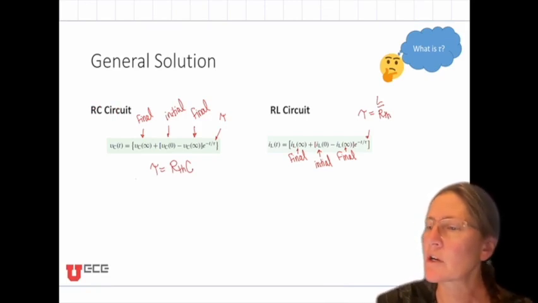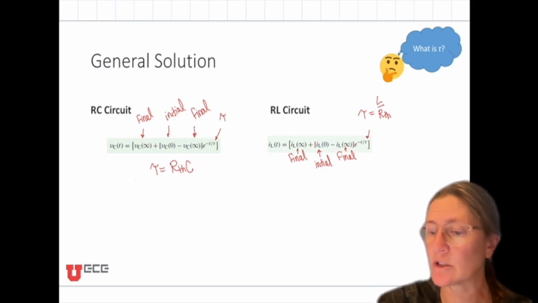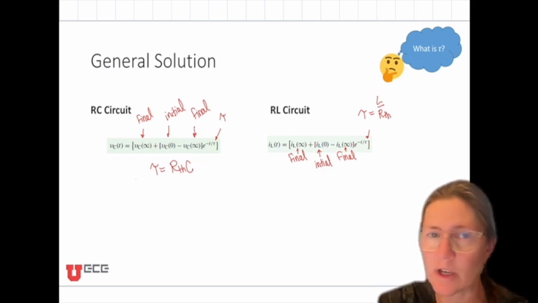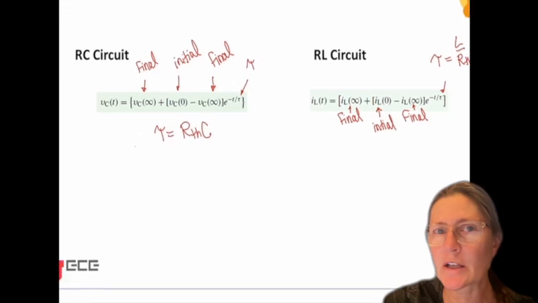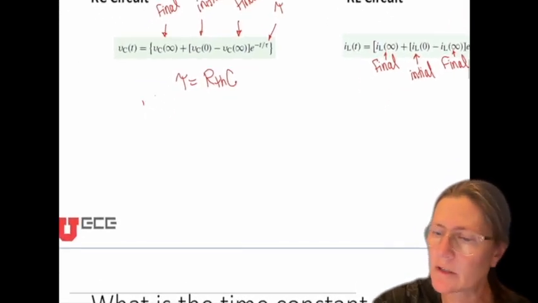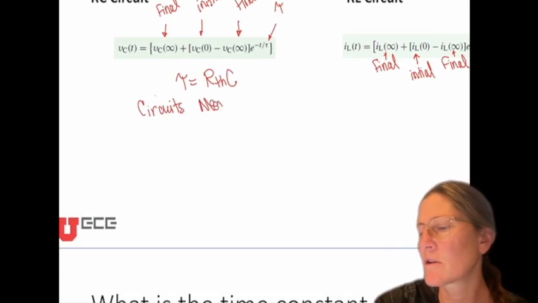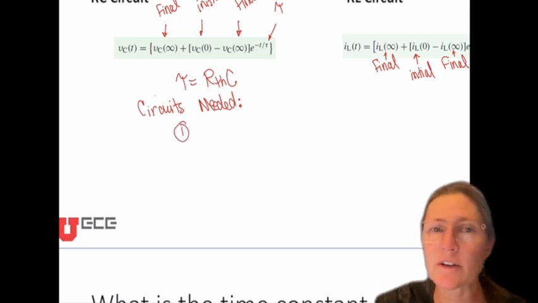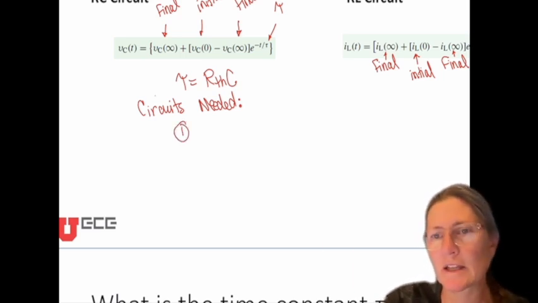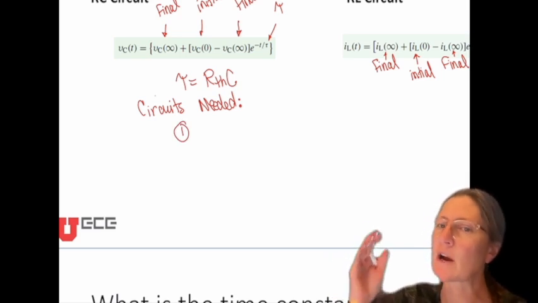So the 4 circuits that you are going to need to do, starting with the initial. In order to find the initial, that's going to be right at the change.